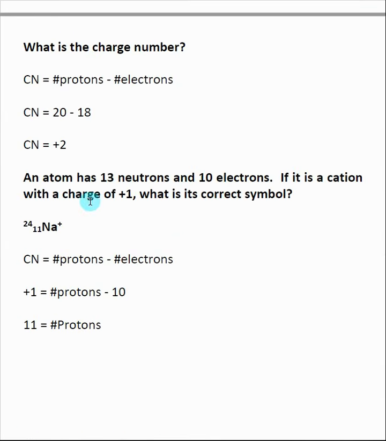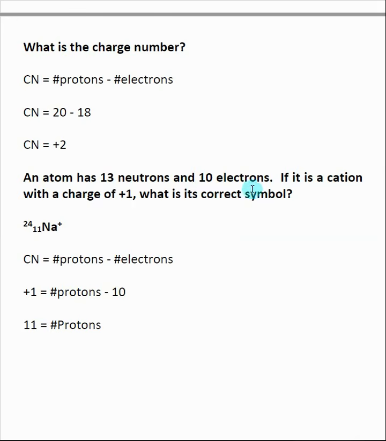Here's another variation. I say an atom has 13 neutrons and 10 electrons. And if it is a cation with a charge of +1, what is the correct symbol? So this one's a little bit trickier. The first thing I want to find is the number of protons, because that gives me information about everything else.